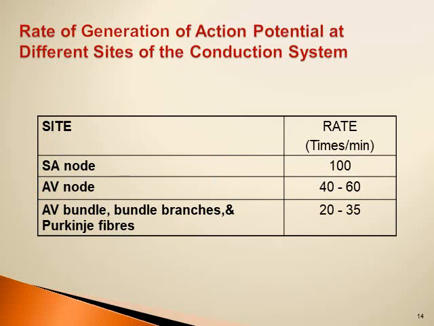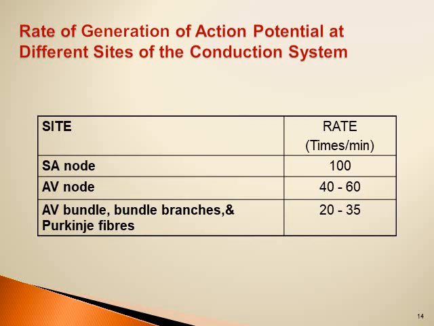The rate of generation of action potential is different in different parts of the conduction system. As I said, in the SA node it is 100 action potentials per minute. In the AV node it is between 40 to 60 action potentials per minute, and in the AV bundle branches and the Purkinje fibers, it is between 20 to 35 action potentials per minute.